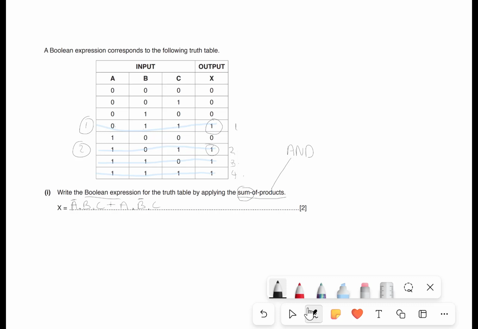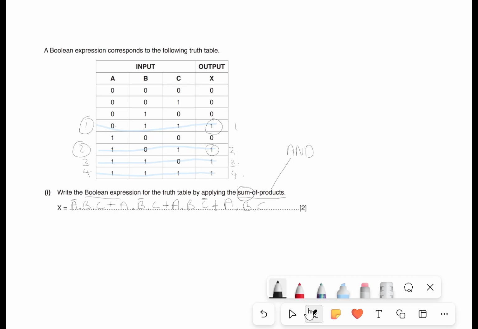We now have our row number 3. So we need to OR it by using another sum, and now let's do our product. Our product would be A is 1, and B is 1, and C is not 1. Now let's do our final row. OR A is 1, B is 1, C is 1.